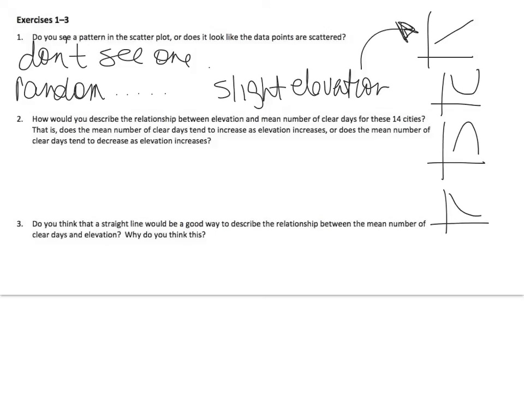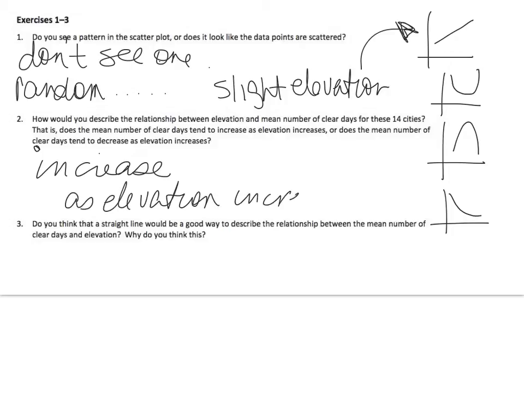How would you describe the relationship between the elevation and the mean number of clear days for these 14 cities? That is, does the mean number of clear days tend to increase as the elevation increases, or does the mean number of clear days tend to decrease? Slightly increase. If you're asking me to pick one, I'm going to say an increase. So as the elevation increases, the clear days increase.